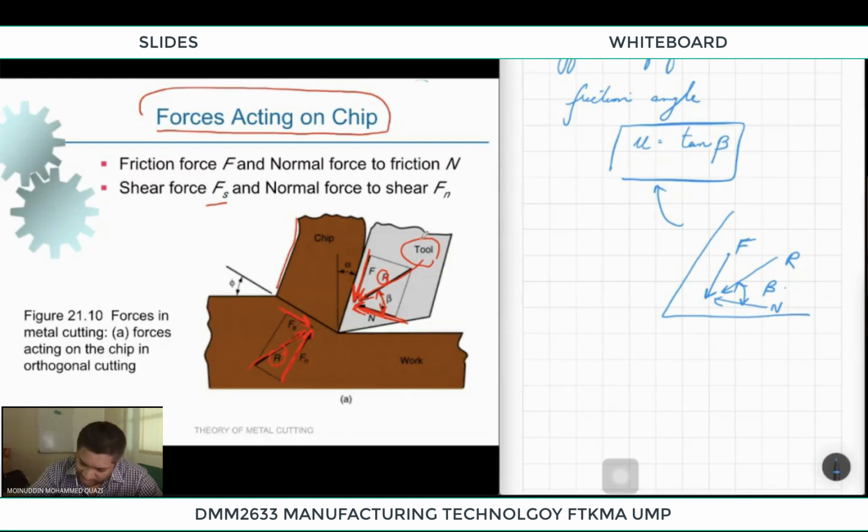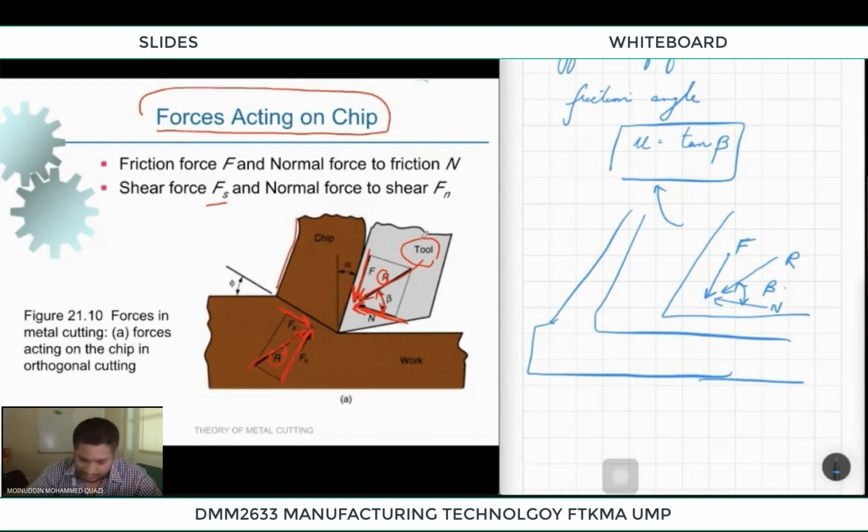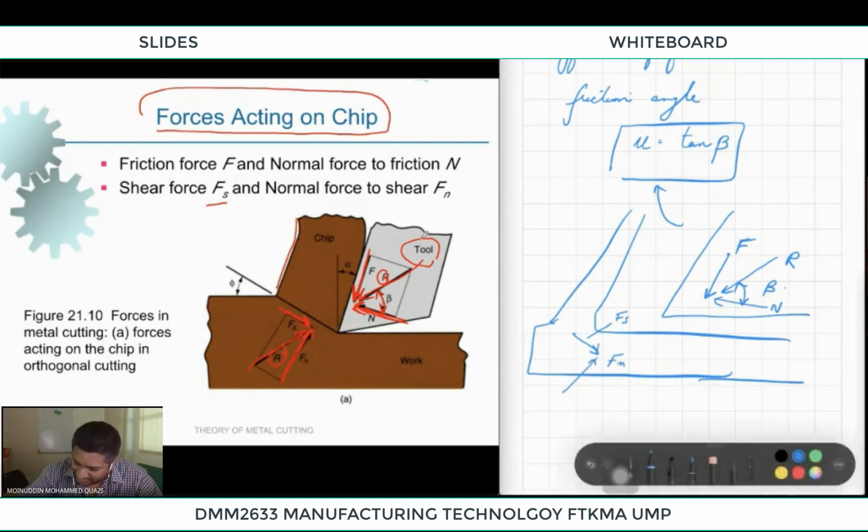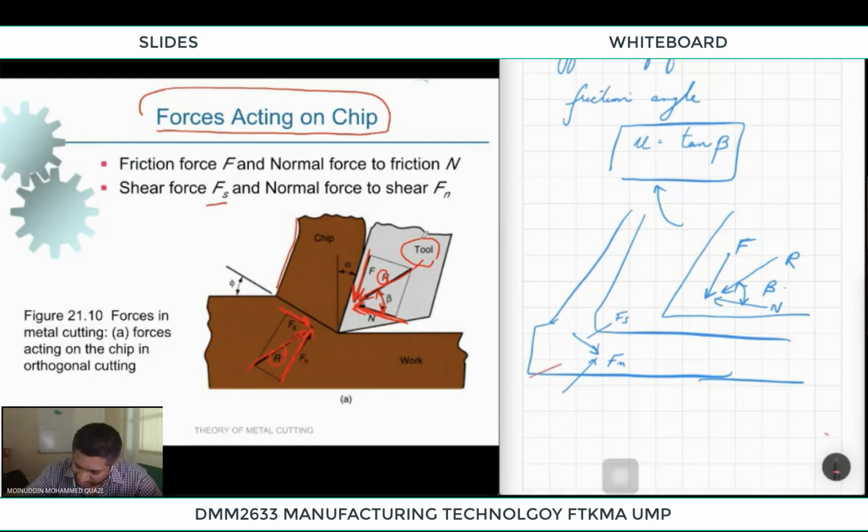Let's move to the chip. When we move to the chip, shear planes are generated. When a shear plane is generated, then shear force is generated. This is Fs. Then normal to the shear force is called Fn. And then we've got the resultant of shear force, called R dash.